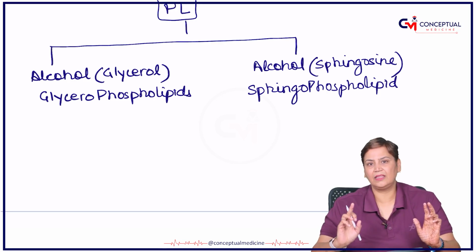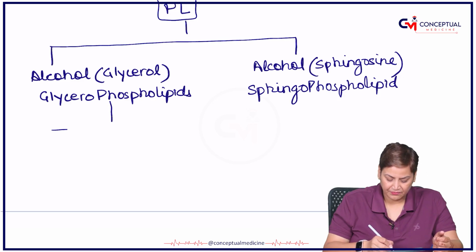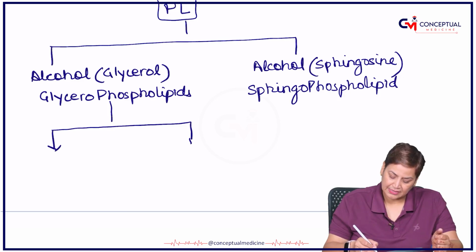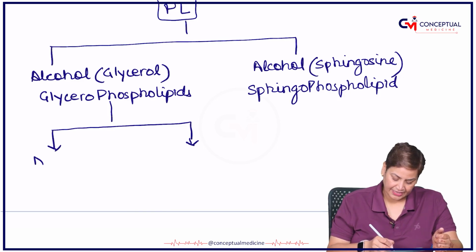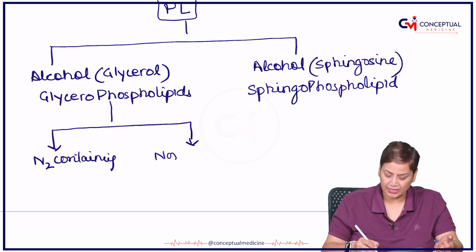This is the basic difference, and these glycerophospholipids can further be classified into two subclasses. One is nitrogen containing, meaning they have nitrogen in them, and non-nitrogen containing, meaning they do not have nitrogen in them.